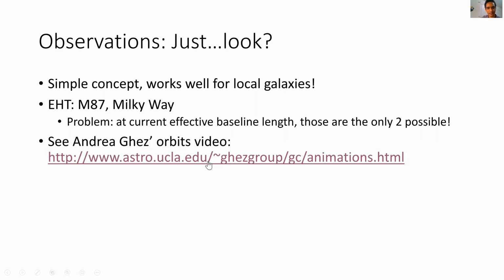Another thing that I want to point out is this video of orbits, which anyone who's taken an astronomy class has probably seen, but I still think it's pretty cool. This star position is where our own Milky Way's supermassive black hole is.